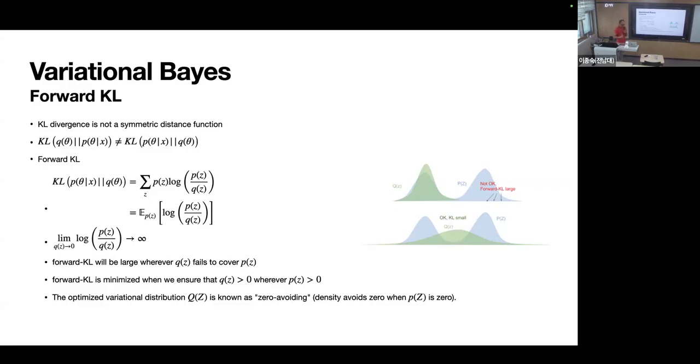There is a second thing that is rather numerically problematic with the Kullback-Leibler divergence, which is that by its definition, it has a logarithm of the ratio of the two distributions. And we can have places where either Q over Z or P over Z are really small.